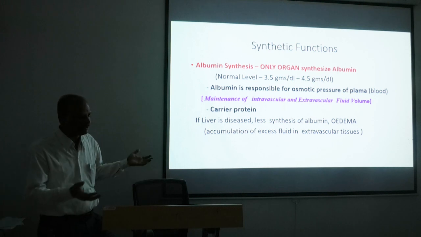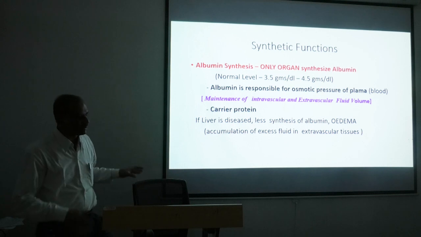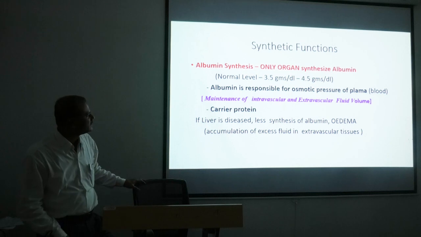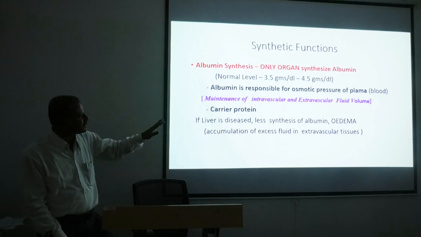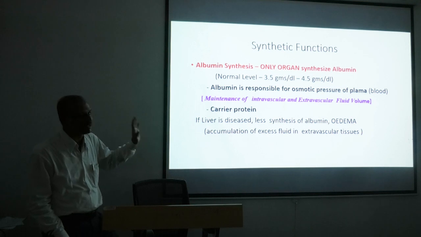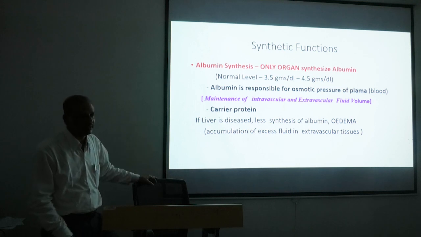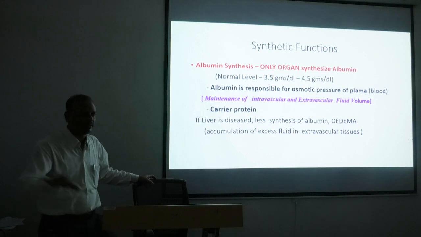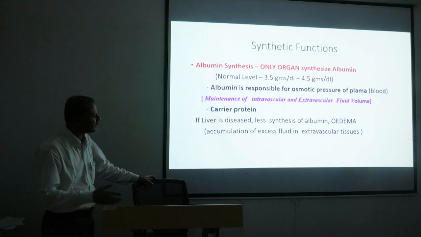That is why we don't have edema. But if the albumin level goes down, see what happens. So albumin maintains intravascular and extravascular fluid, and it is a major carrier protein. It also carries many other substances, drugs.